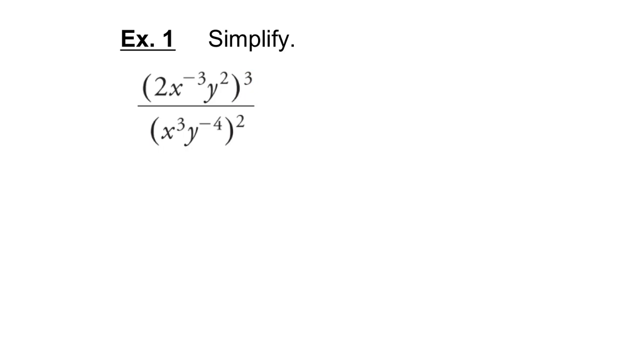So basically, we're going to use our power of a power rule. We have pretty much 3 different powers in this base, all multiplied together. We're going to have 2 to the exponent 3, x to the minus 3 to the exponent 3, and y squared to the exponent 3, like this.